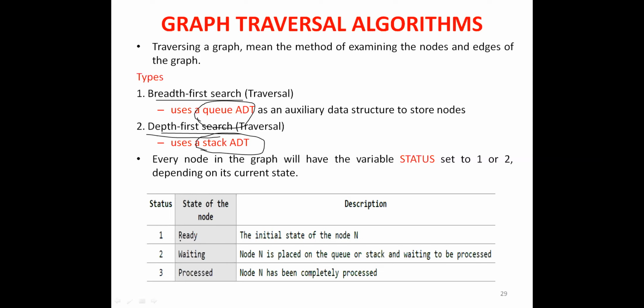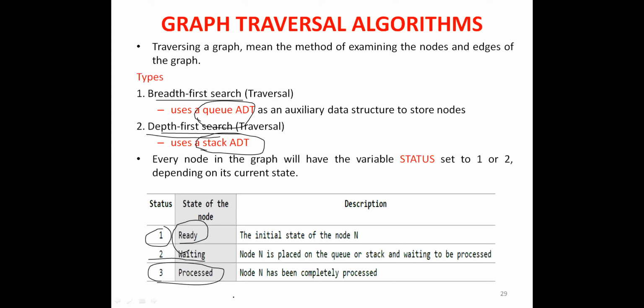Before getting into that, while applying the algorithm we have to know the status of every vertex in the graph. If it is 1, the particular vertex is in the ready state. If it is 2, it is in the waiting state. If it is 3, it is processed, meaning the vertex is visited.